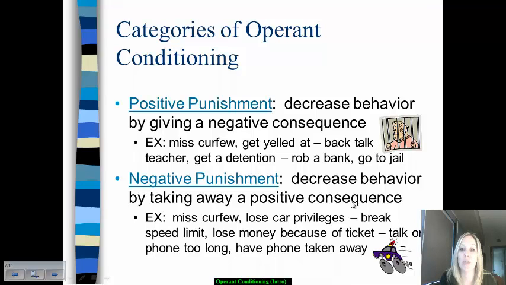I wanted to decrease that disrespectful behavior. So what I did was I took away the positive consequence of being able to do the blind walk. So instead of them being able to have fun and do that activity, they ended up having to do something else, and they had no opportunity to carry out the blind walk. So these are examples of punishment.